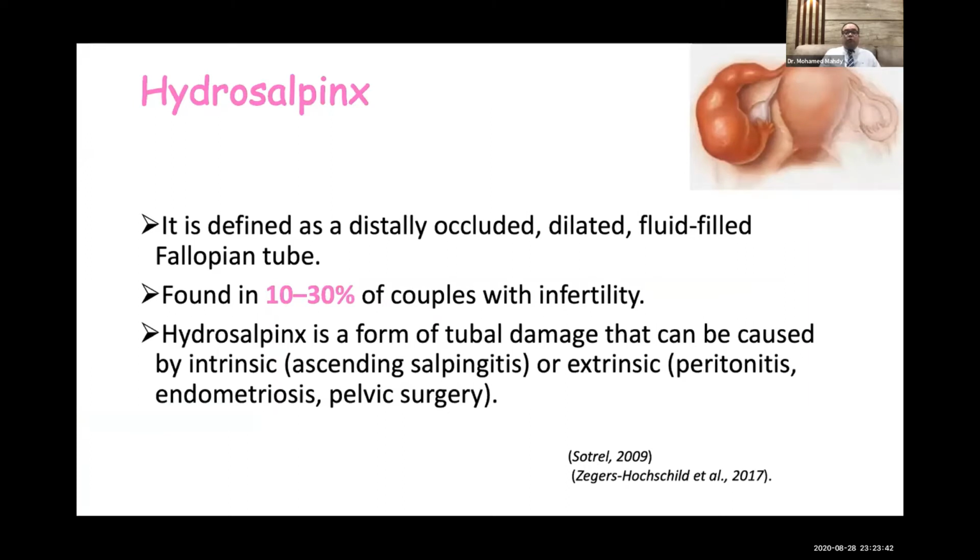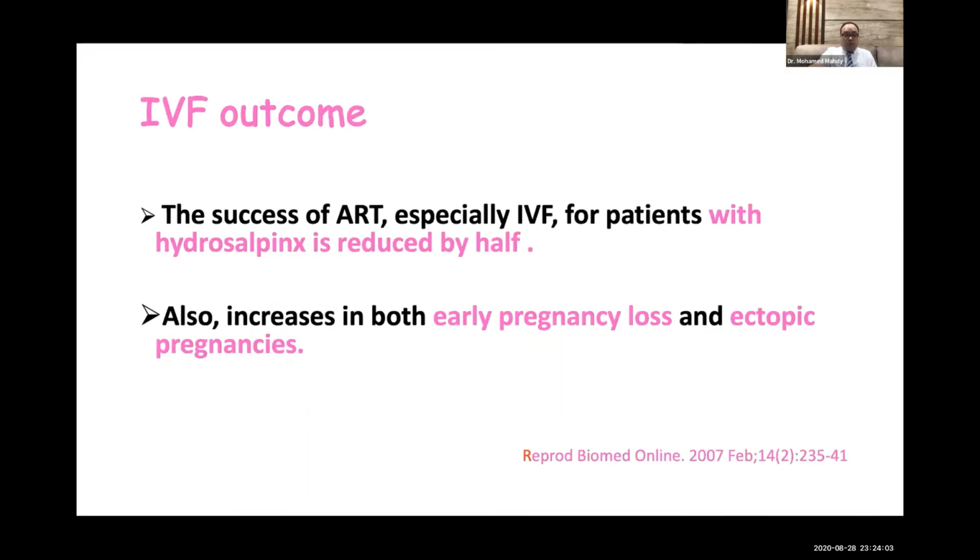Hydrosalpinx is a form of tubal damage. The lining endothelium is damaged, so it can't absorb the fluid secreted inside the fallopian tube. It can be caused by intrinsic or extrinsic inflammation, either ascending salpingitis, or from outside by peritonitis, endometriosis, or previous pelvic surgeries.